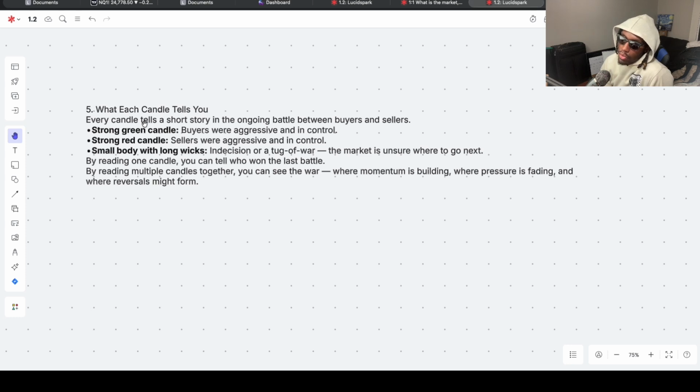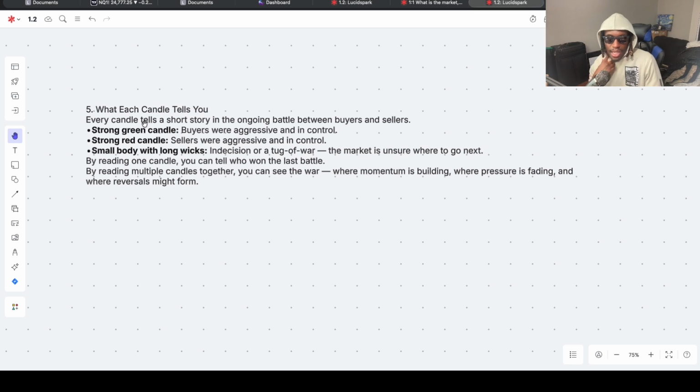A strong red candle means sellers were aggressive and in control. Small bodies with long wicks show indecision, a tug of war. The market is unsure where to go next. By reading one candle, you can see who won the last battle. By reading multiple candles together, you see the war, and you see where momentum is building, where pressure is fading, or where reversals might come from.